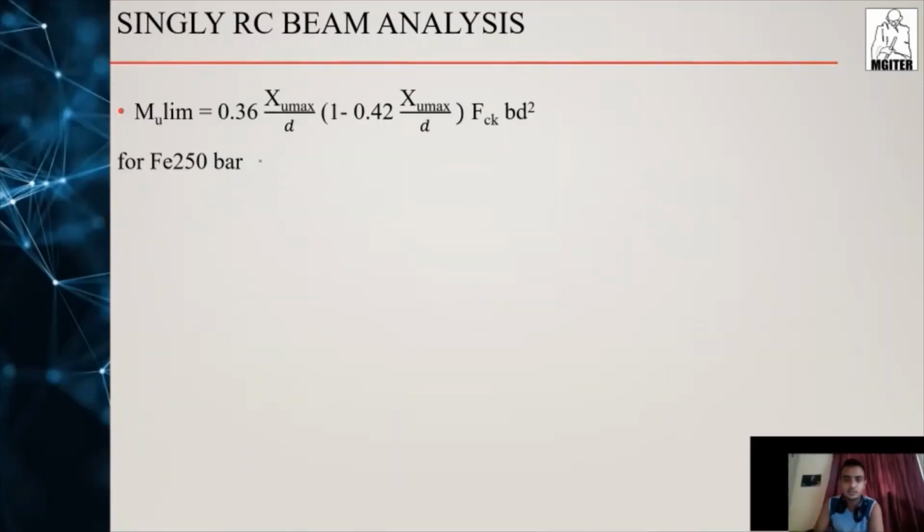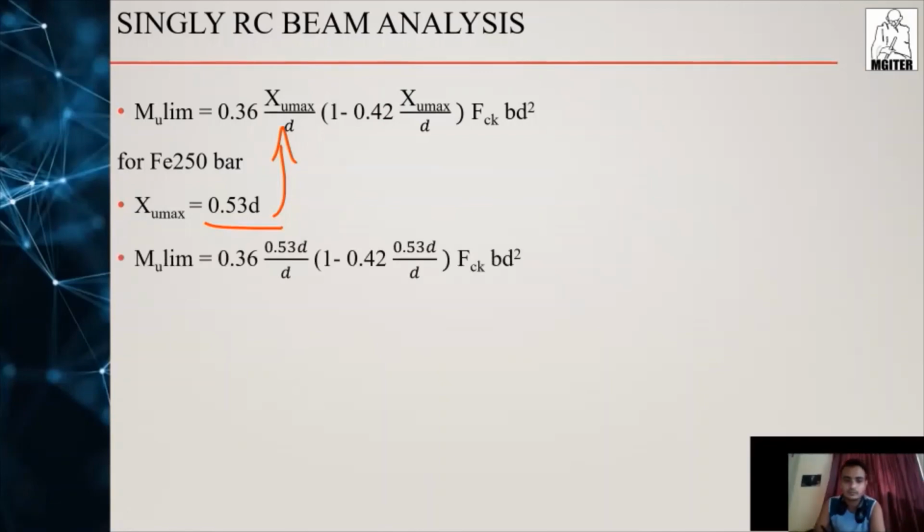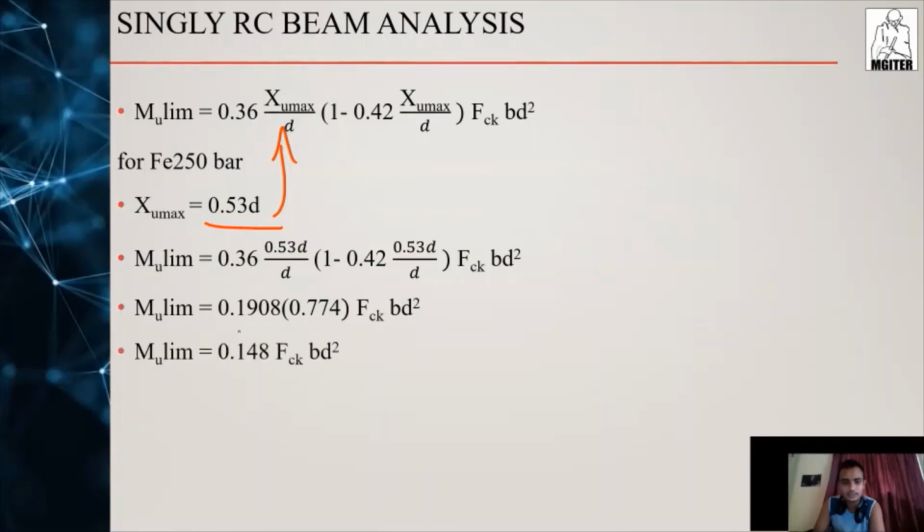So these are the equations we use: xu max upon d. For Fe250 bar, xu max is 0.53 d. So we provide this value in this equation, 0.53 d, and after providing it we get Mu limit.